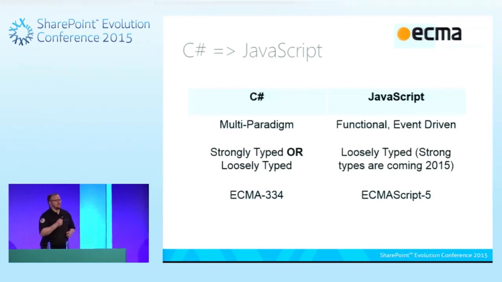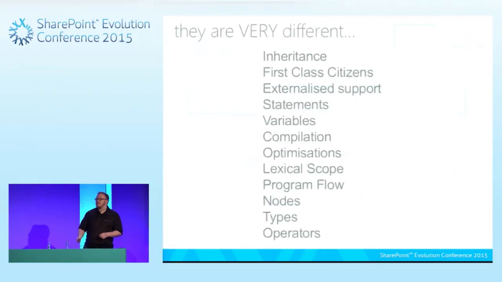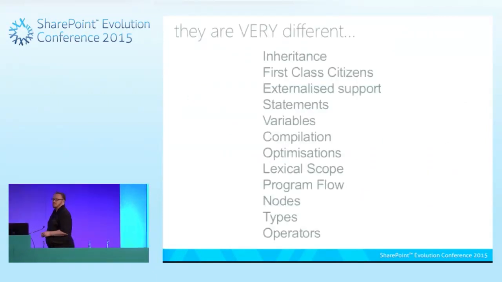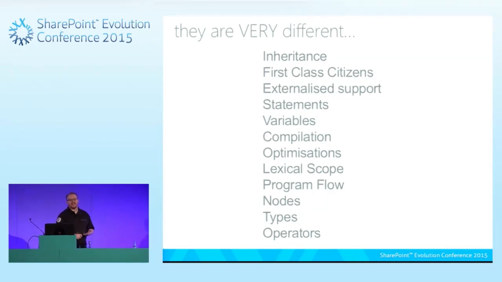And the biggest thing is they are completely different standards. If you write C# and you go to write JavaScript, you are writing something completely different. There isn't anything that's the same. Inheritance, the first-class citizens, statements, variables, compilation, optimizations, the lexical scope, the program flow, the nodes of the code, the types that are involved, and the operators all work completely differently.